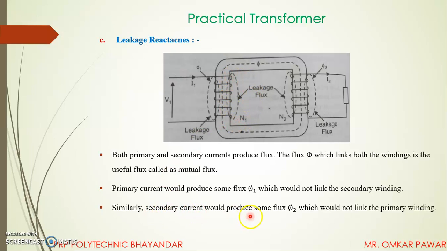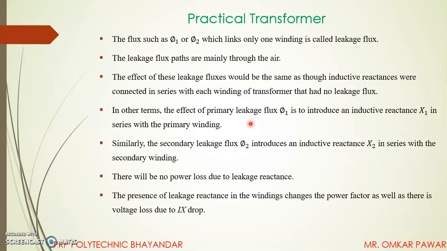Similarly, secondary current would produce some flux phi 2 which would not link with the primary. So the flux such as phi 1 or phi 2 which links only one winding is called leakage flux. The leakage flux paths are mainly through air.